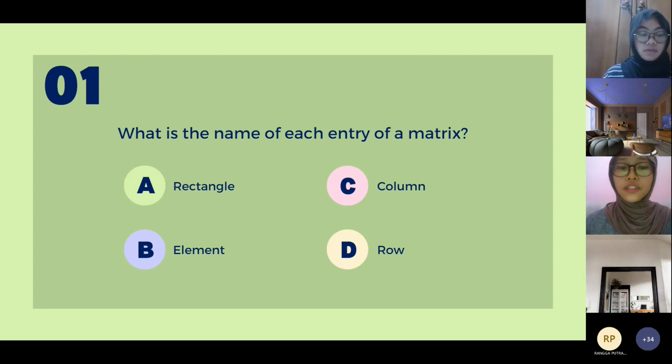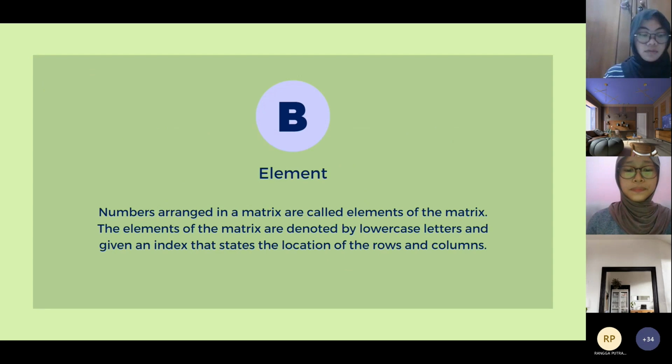Okay, we'll see the answer to this question. The answer is B, element. Numbers arranged in a matrix are called elements of the matrix. The elements of the matrix are denoted by lowercase letters and given an index that states the location of the rows and columns. The answer is correct.